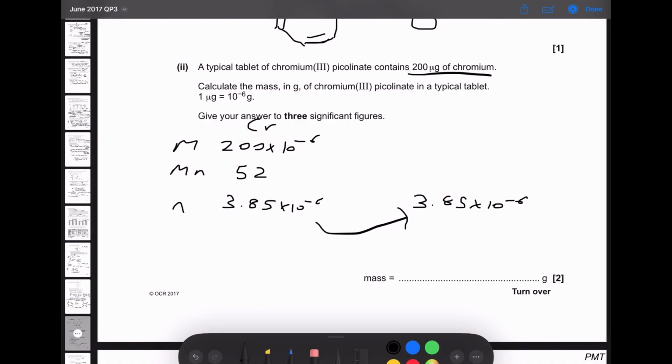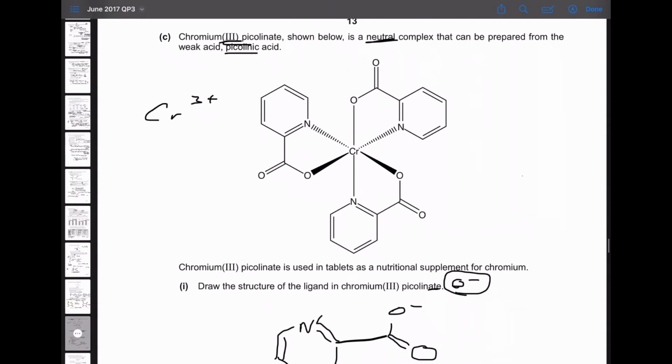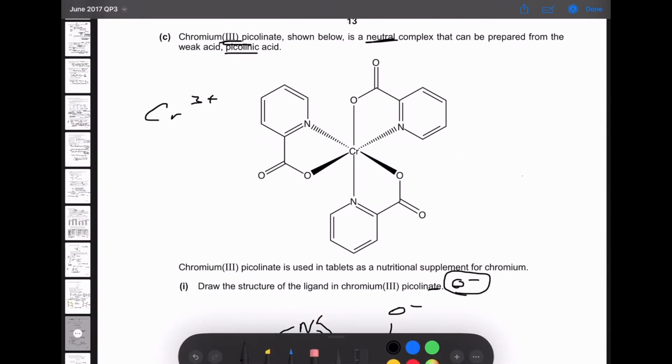So then we need to work out the MR to give us the mass. So 52 plus 3 lots of the ligand. This is going to be difficult. So if we go back up, let's just do what we know first.